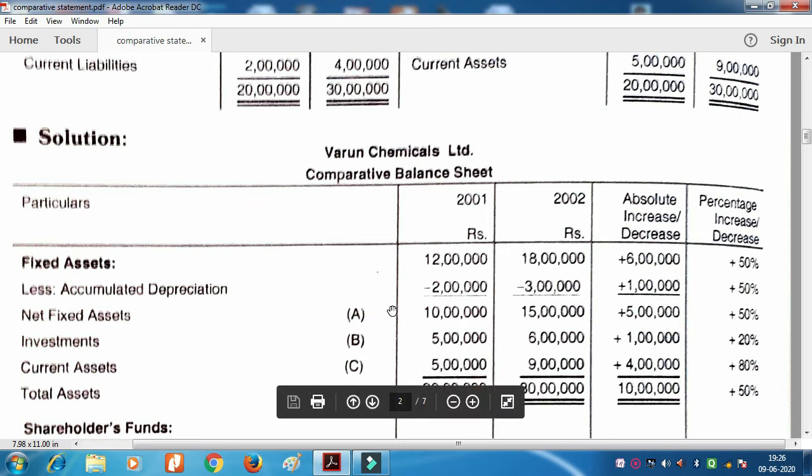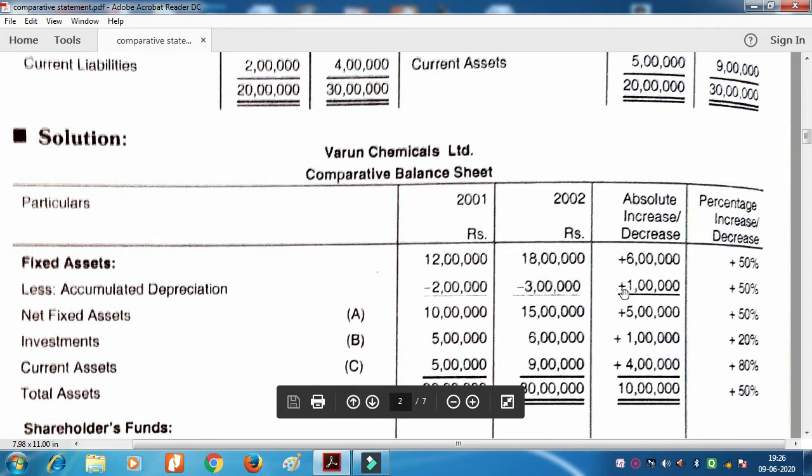Similar will be the case of accumulated depreciation. From 2 lakh it increases to 3 lakh, but it increases in negative value, not in positive. So the net increase is 1 lakh, but that 1 lakh is negative, because from 2 lakh it has further moved to 3 lakh.